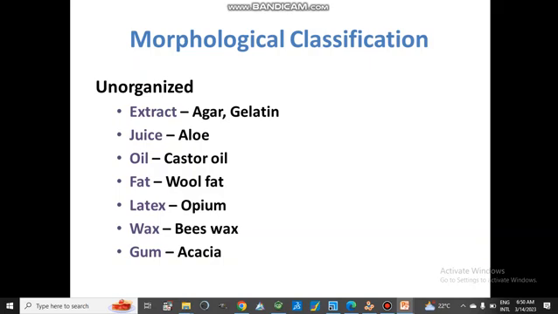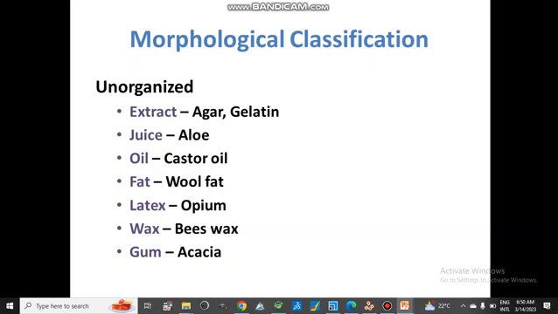So aloe vera juice. And oil, like we obtain castor oil. And fat, like wool fat. The example of latex is opium. And waxes. So in waxes category, the example is beeswax. And when we obtain gum, an example of gum is acacia, which is obtained from Acacia arabica.